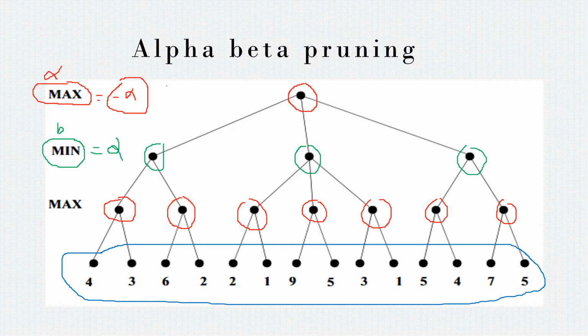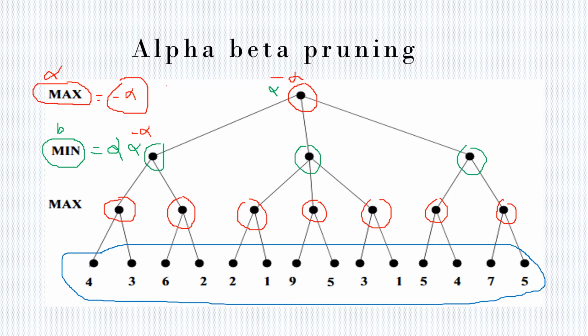Now I will show the values of alpha and beta at each node. At the top node, alpha will have minus infinity, and beta will have positive infinity. At this node, again alpha will have negative infinity, and beta will have positive infinity.